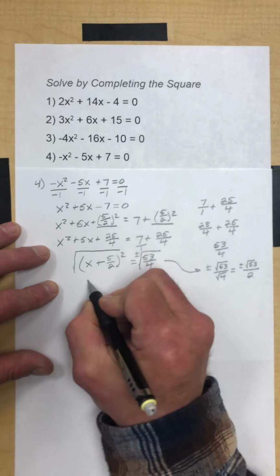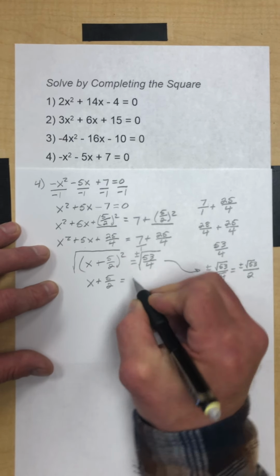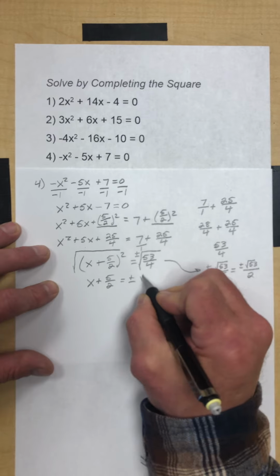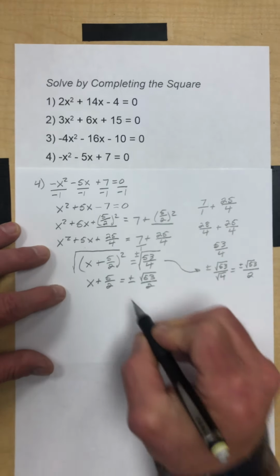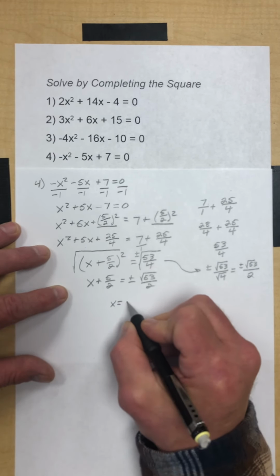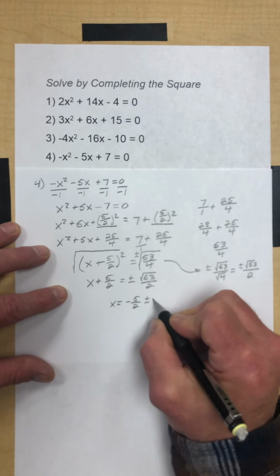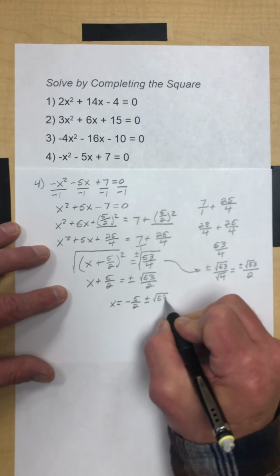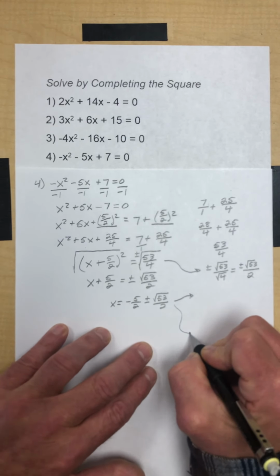Okay, so I get x plus 5 halves equals plus or minus the square root of 53 all over 2. In this guy, we would subtract 5 halves from both sides. So I get a negative 5 halves plus or minus radical 53 over 2. And that takes us to our two solutions.